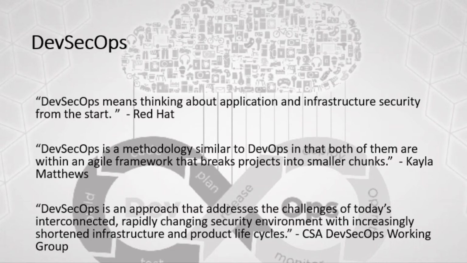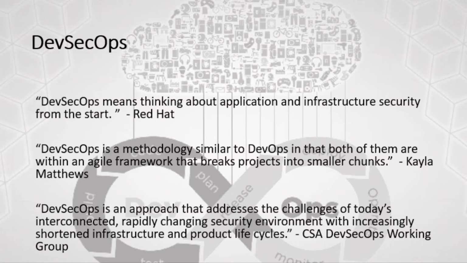There are many definitions and explanations given by different research teams, researchers and different security providers, especially cloud security providers. Here I have selected 3 of the definitions. Okay, let's see what those are. According to Red Hat, DevSecOps means thinking about application and infrastructure security from the start.